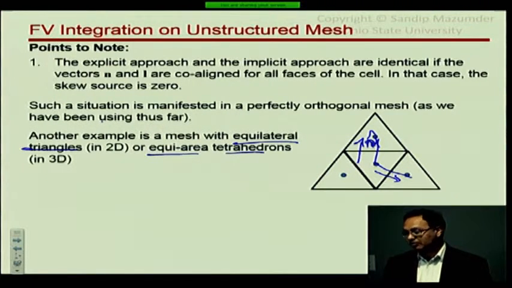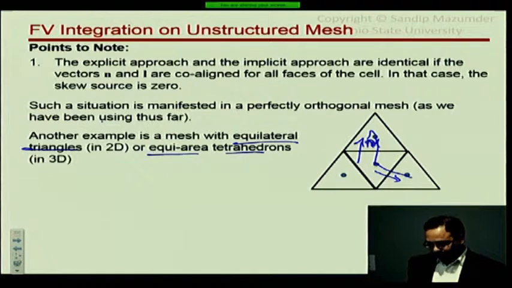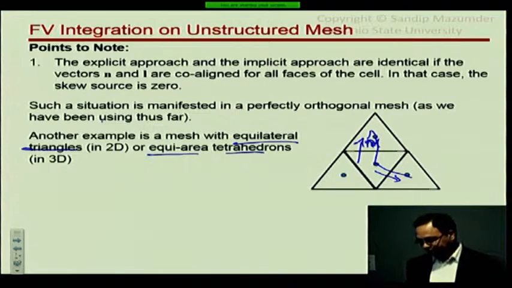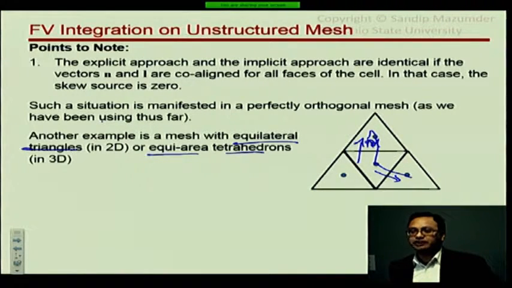And unstructured mesh generators, triangular mesh generators, actually use that as one of the criteria for growing their triangles. They try to keep it as equilateral as possible. It's not always possible, of course, but they would try to generate as many equilateral triangles as possible if the mesh generator is a good one.